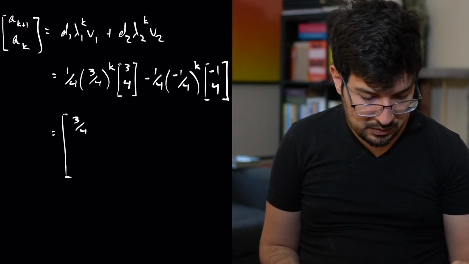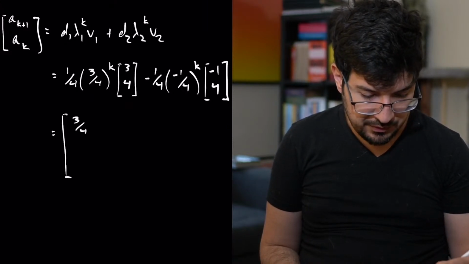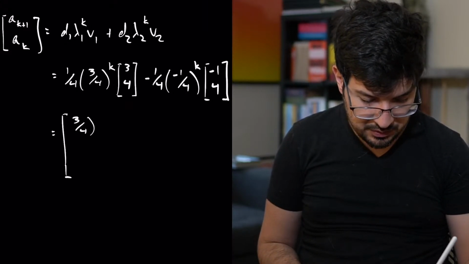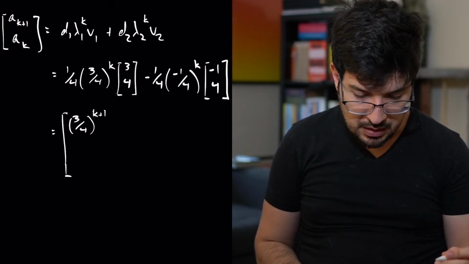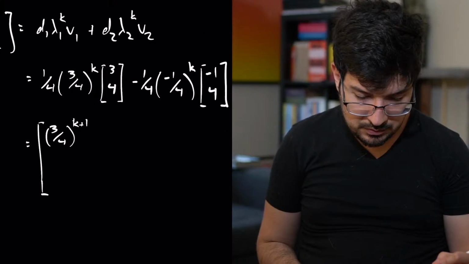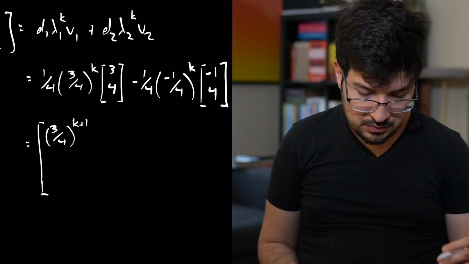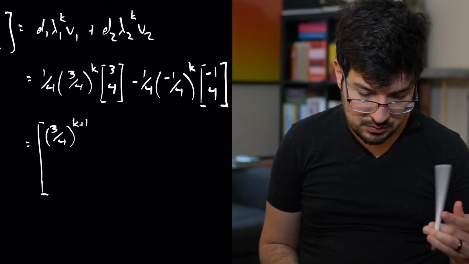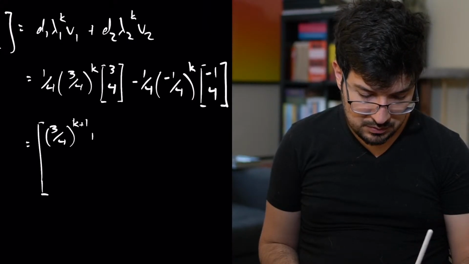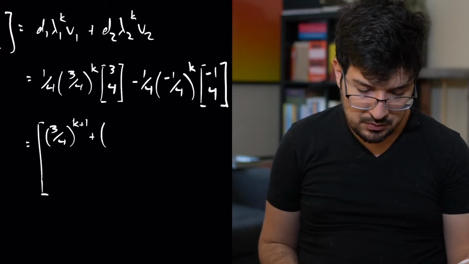3/4 times 3/4 to the k. So this is 3/4 to the k plus 1. Okay.